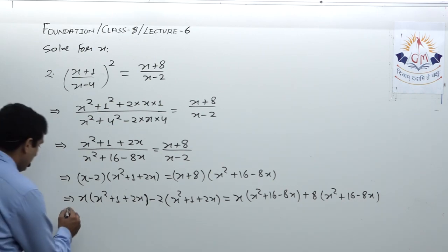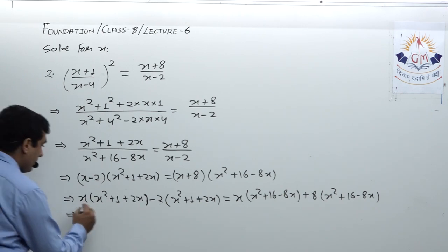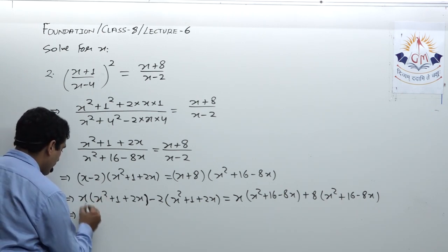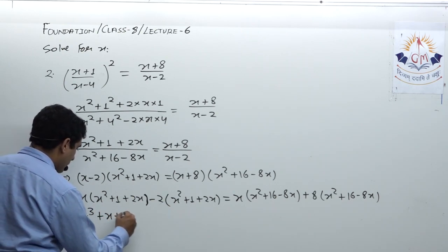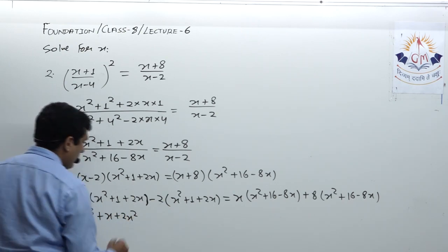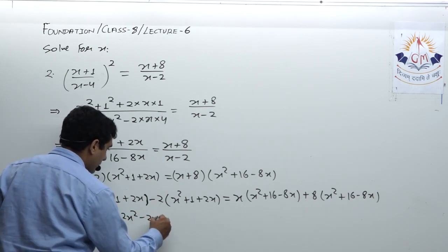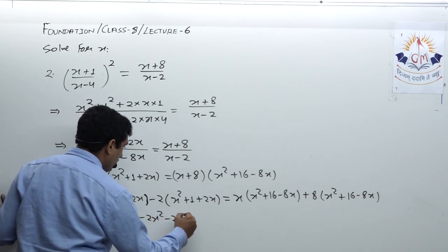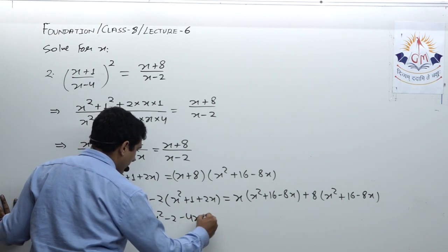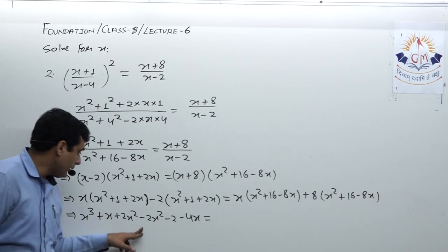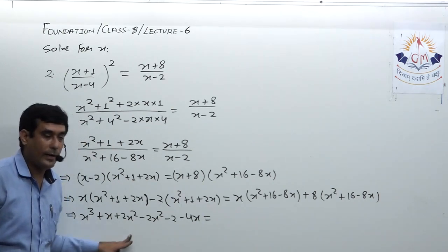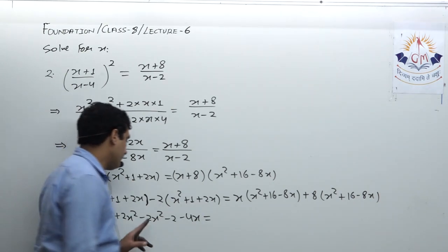Okay, let us see the multiplication. X into x, so x cube, x into 1, x plus 2x square minus 2x square minus 2 minus 4x is equal to, okay, see, one thing is directly over here, 2x square minus 2x square, I can cancel them over here only.